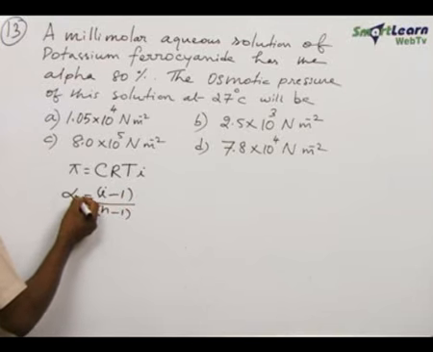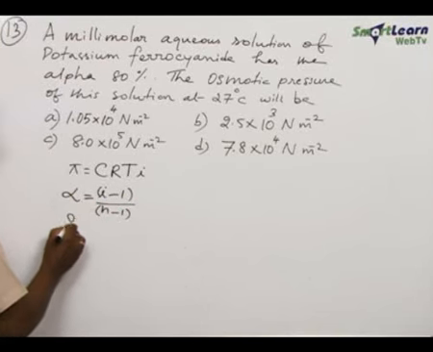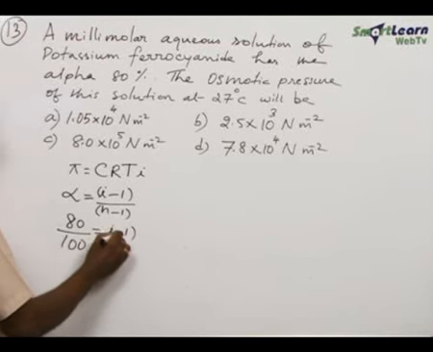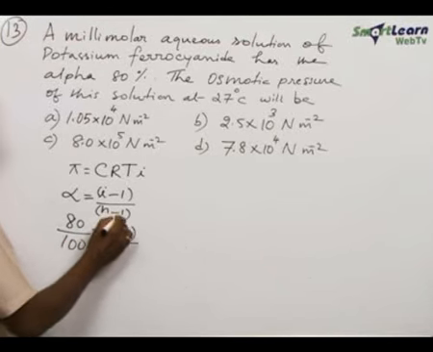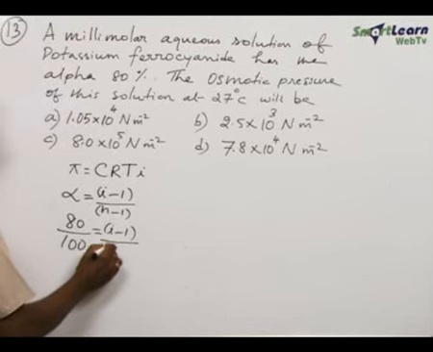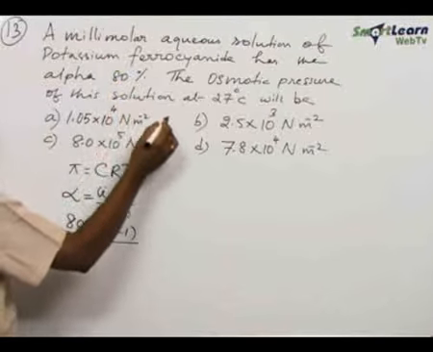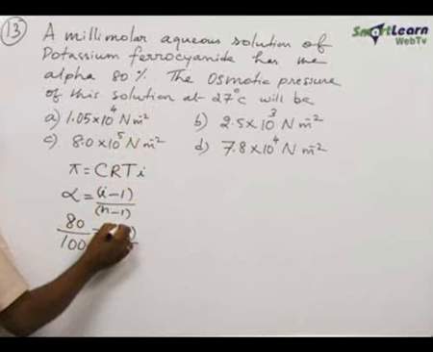Here alpha is given, 80%. So 80 divided by 100 is equal to i minus 1 divided by n minus 1. For potassium ferrocyanide, if we dissociate it, the n value is 5.